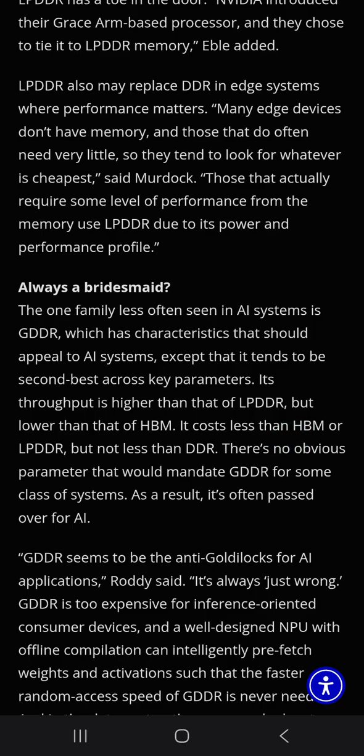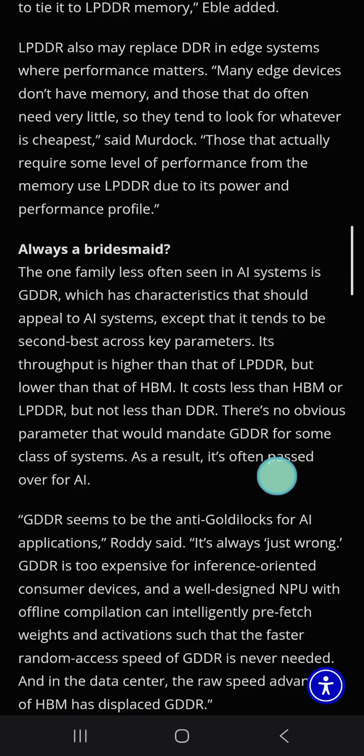Always the bridesmaid. The one family less often seen in AI systems is GDDR, which has characteristics that should appeal to AI systems, except that it tends to be second best across key parameters.